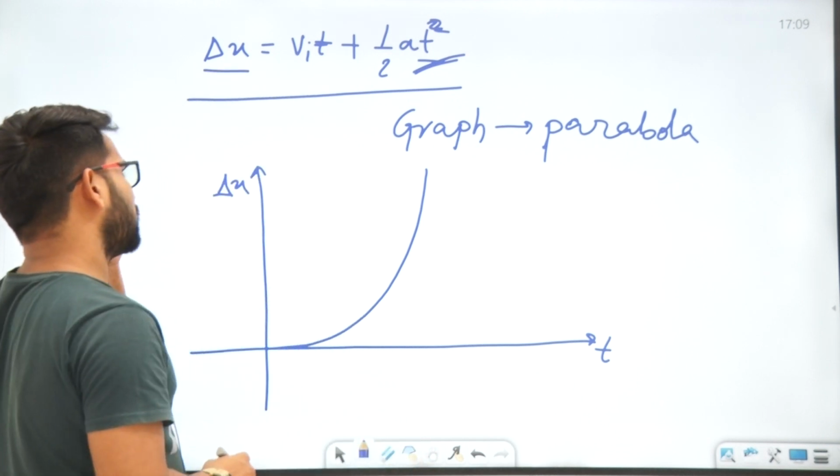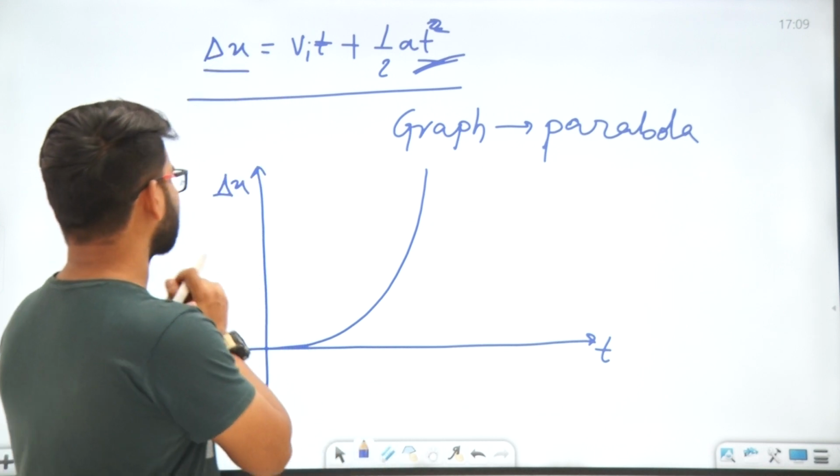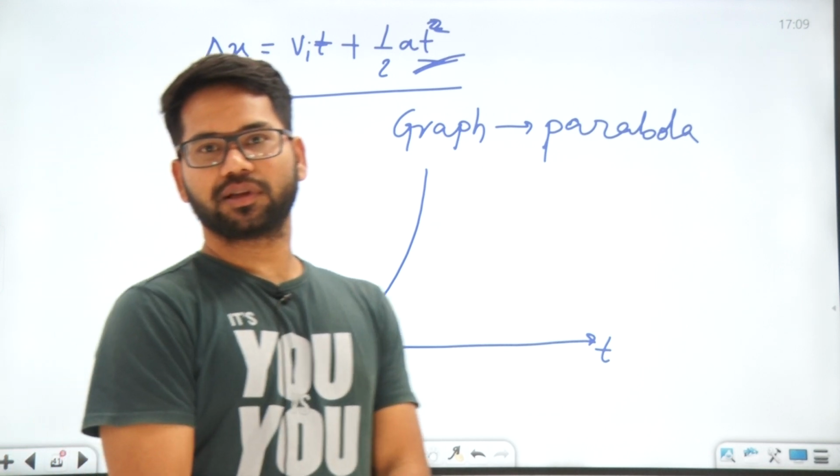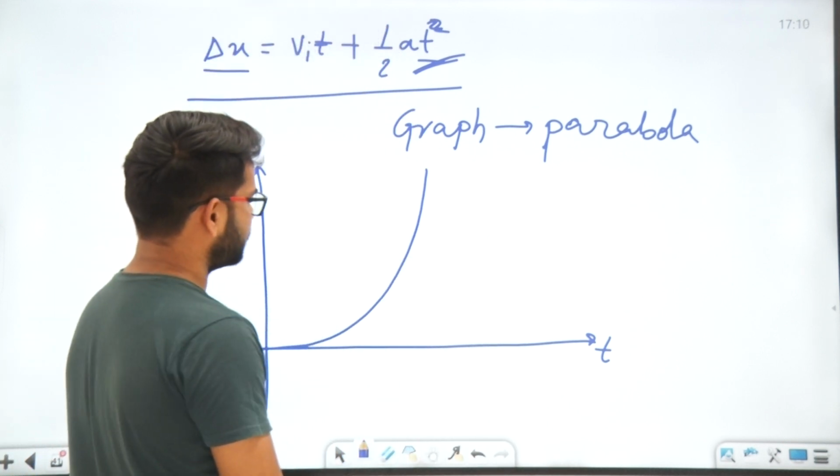Students, if you look at the rate of change, the slope of this graph will give us speed. The slope of this graph will give us speed, right?